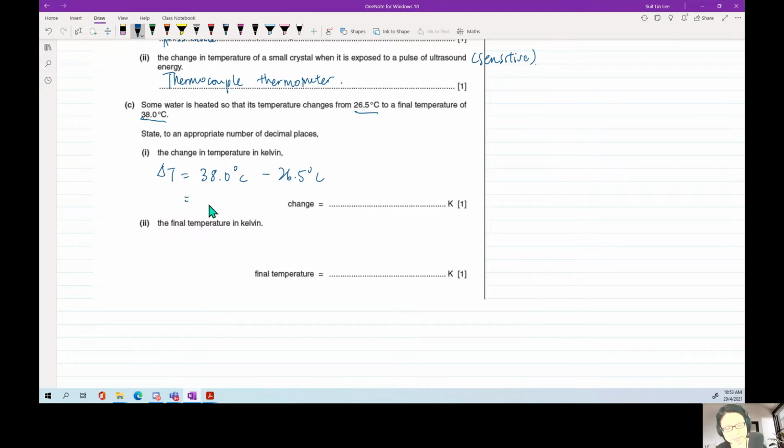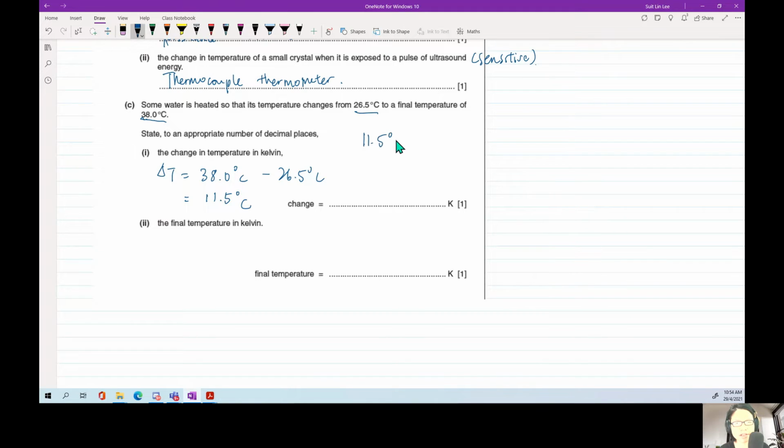Sometimes the students will confuse the conversion between degrees Celsius and Kelvin when it comes to change in temperature. When they subtract and get 11.5, not 12.5, 11.5 degrees Celsius, they tend to think, okay, I better convert this to Kelvin.